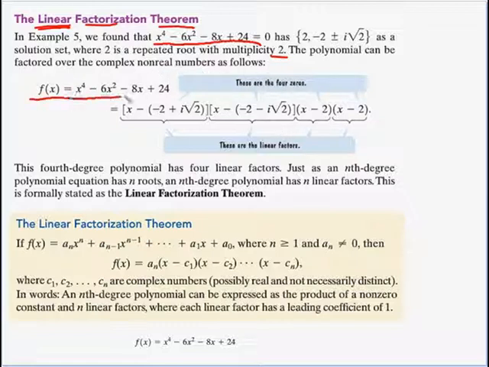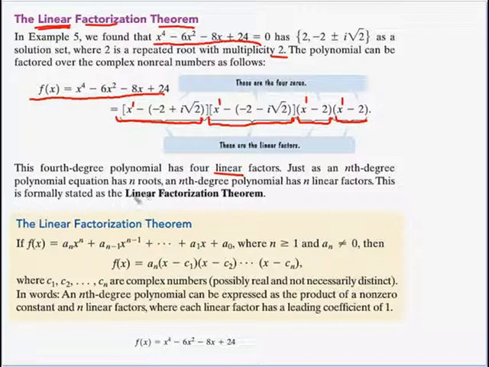So here's the polynomial we started with, and then here are its 4 factors, 1, 2, 3, 4. This fourth degree polynomial has 4 linear factors. Notice all the x's in here are x to the first power. So each factor by itself is a linear factor.